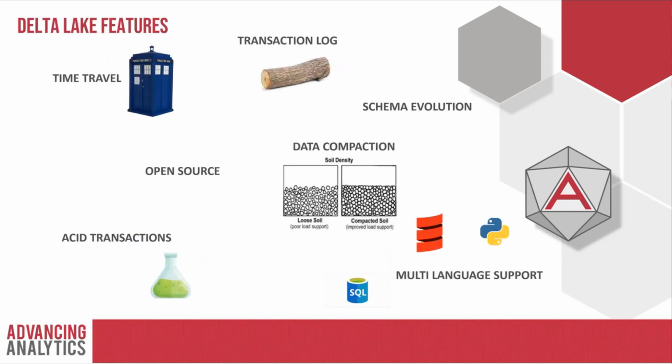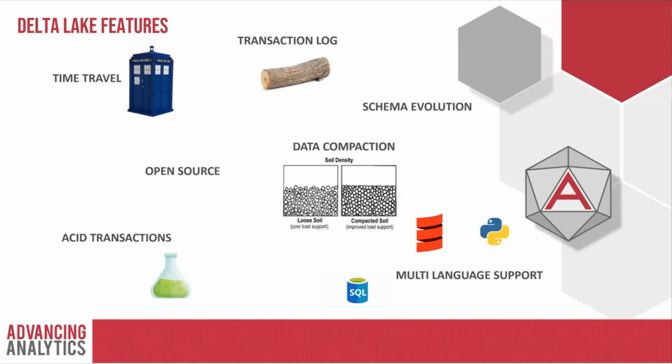What does Delta Lake give us? Thanks to that transaction log, we have time travel, the ability to select data as of a certain time, which is just so powerful if you're used to just using SQL in a data warehouse. We've got a transaction log, which helps with our troubleshooting and things like that. We've got the ability to do schema evolution.